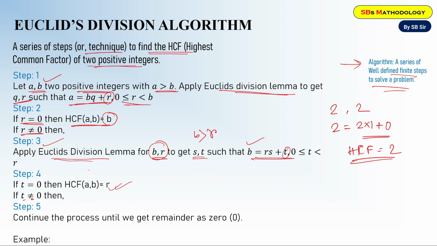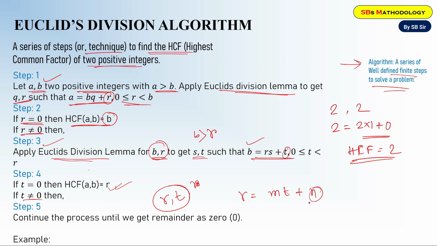Now in that step, if t, the remainder, is 0, then the HCF of a and b will be r, that is, in that step the divisor will be the HCF. Now if t is not equal to 0, again apply Euclid's division lemma for the remainder t and the divisor r. Again we will get two numbers, suppose m and n, and we can write r as mt plus n.